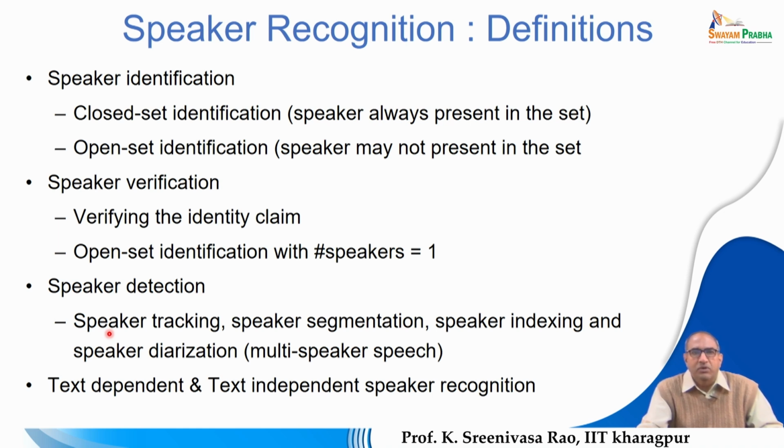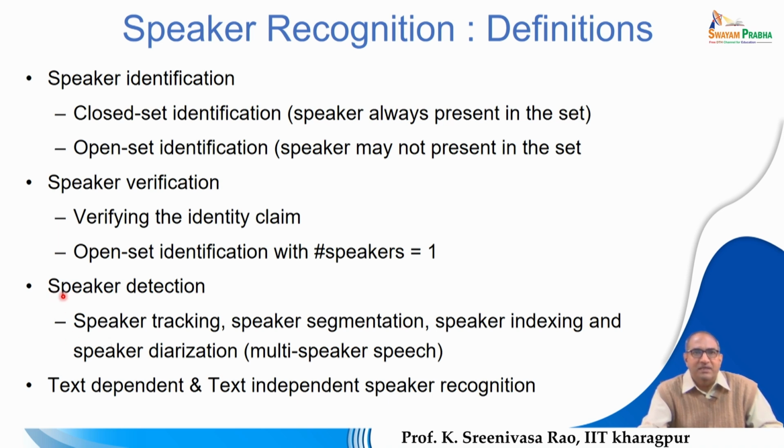In that case, we have to detect the speaker turns, who has spoken when. So, from the speech signal, first of all we need to track the speakers: speaker 1 may be present in the first 5 seconds, then speakers 2, 3 and 4 might speak, then again speaker 1's turn may come.